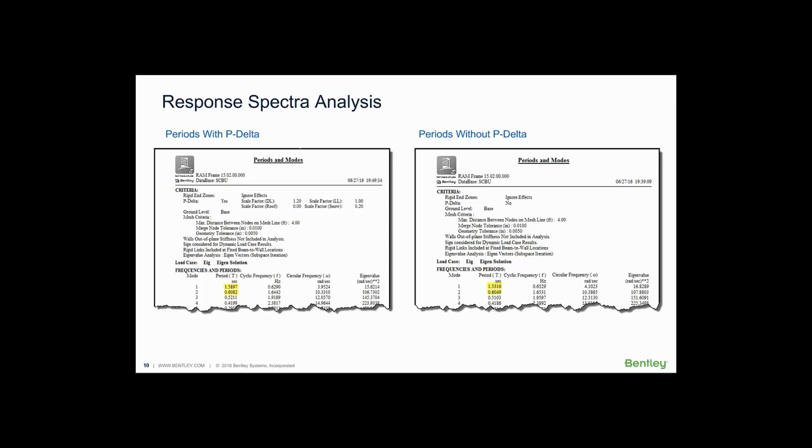So I would assume that would mean run the 1.2 dead plus 1.0 live with the iterative solution, and then combine that with the results from the response spectra analysis.